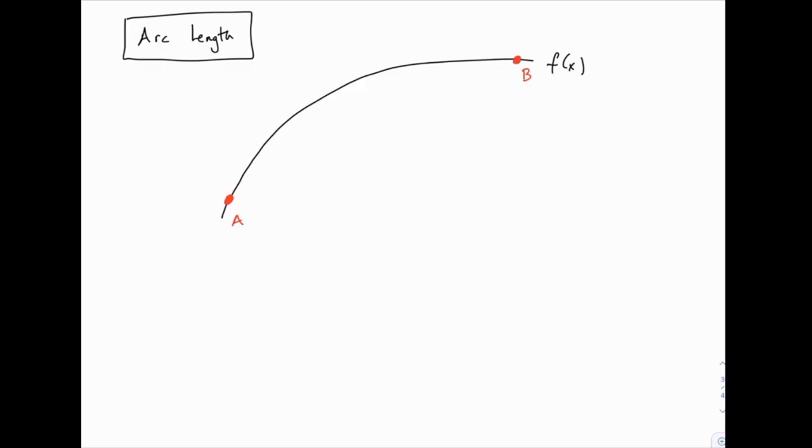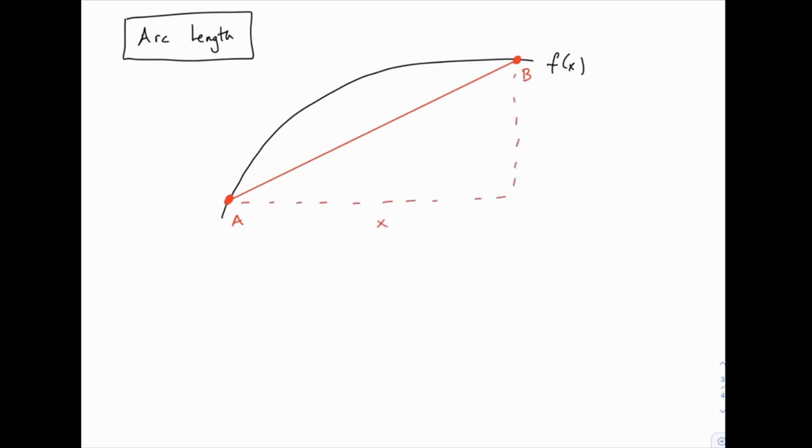So let's start by saying, what if we just looked at the straight line connecting A and B, and we found the length of that line? Now you should know how to find the length of a line segment. That's going to be depending on the x distance and the y distance. We could think about this on a large scale.